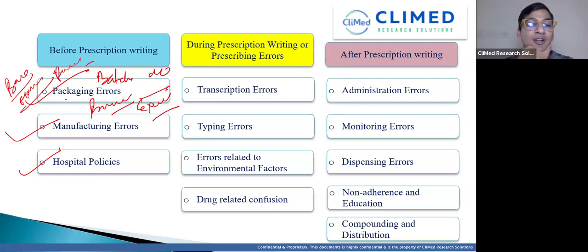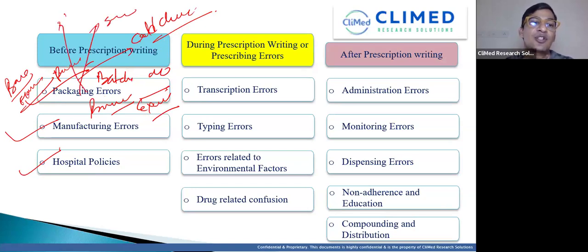Packaging is wrong. And they did not follow the cold chain, if they are sending injections that need it, like COVID vaccines. Or the drug was in sunlight, the drug was not refrigerated, or insulin was kept in the heat, a hot environment.